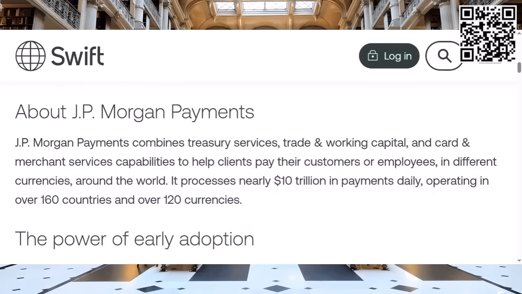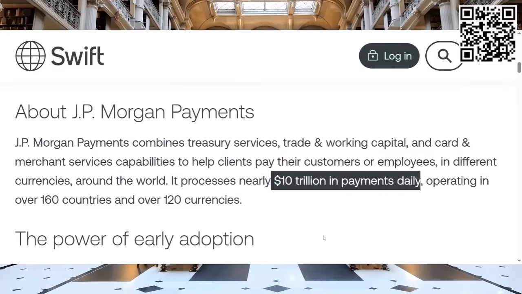Like it mentions, JPMorgan Payments combines treasury services, trade and working capital, and card and merchant services capabilities to help clients pay their customers or employees in different currencies around the world. It processes nearly $10 trillion in payments daily. My goodness. Operating in over 160 countries and 120 currencies.